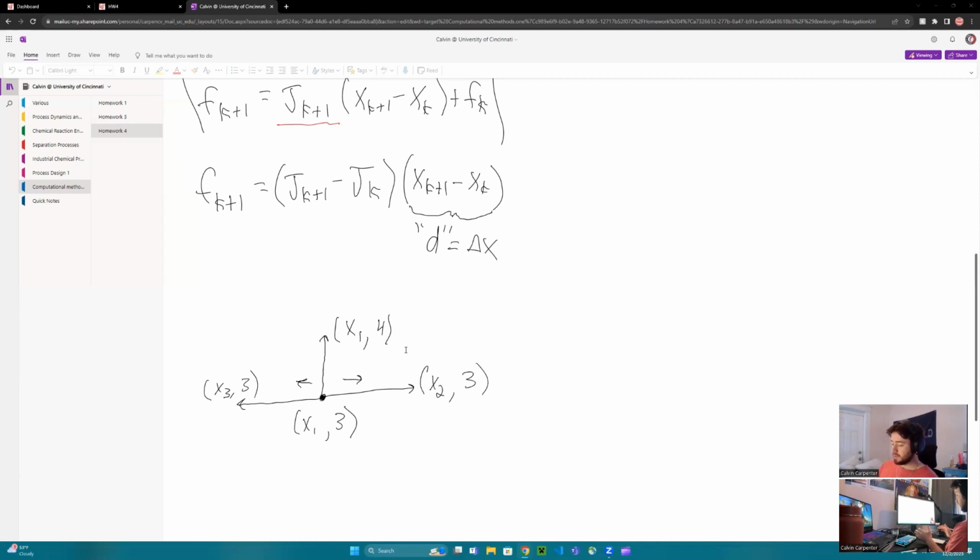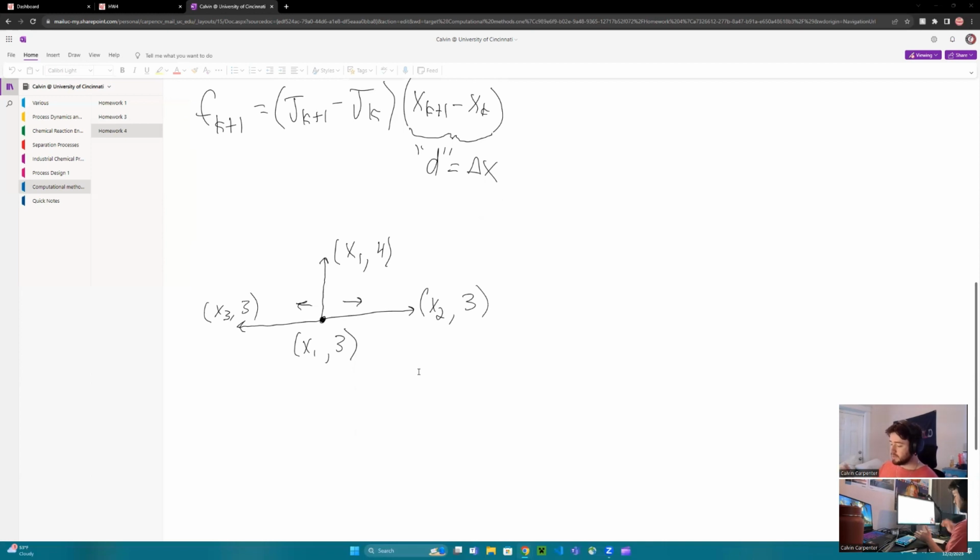But as long as the shift in x is perpendicular to the shift in y, the dot product between the two vectors is going to be 0. So that can be described as v dot product d is equal to 0.